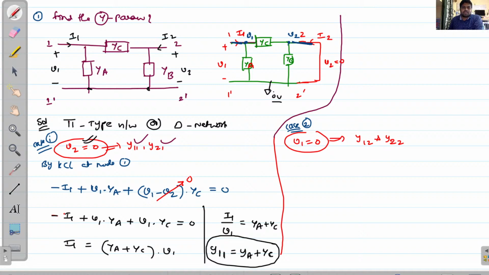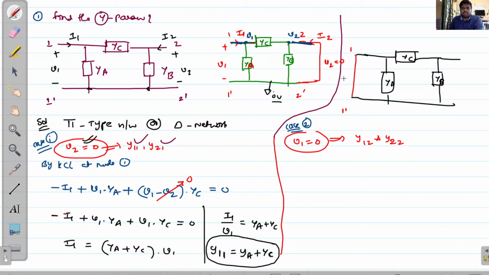First you can draw the circuit diagram again. By making V1 equals 0, the 1 and 1 dash terminals should be connected. So in that case you will get this is YC, this is YA and this is YB, and these two are shorted, so that you will get V1 equals 0.